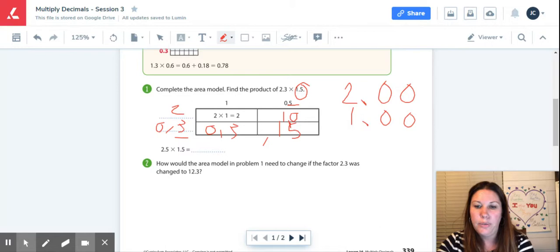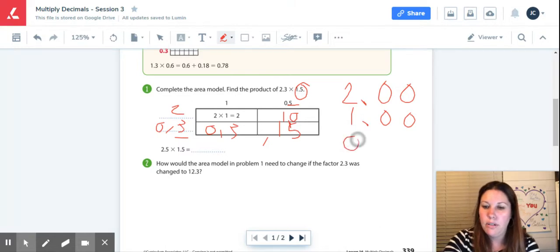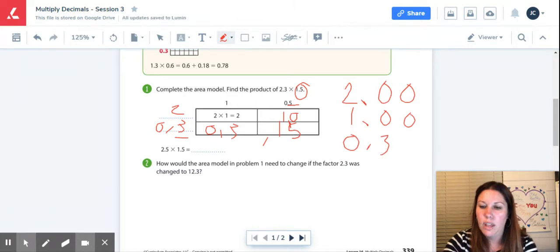And then we have 3/10, so that would be 0.30, and we can put a 0 here as a placeholder.